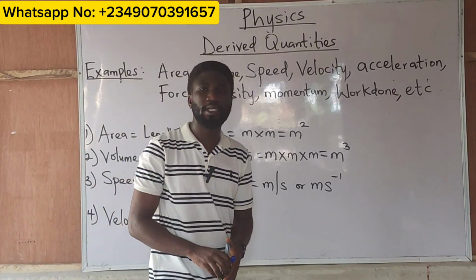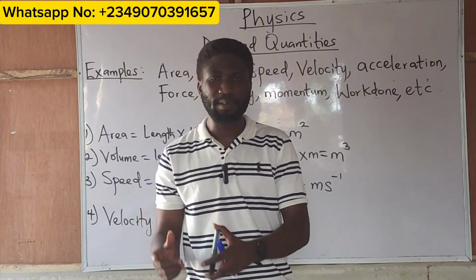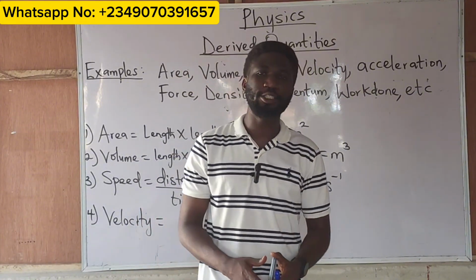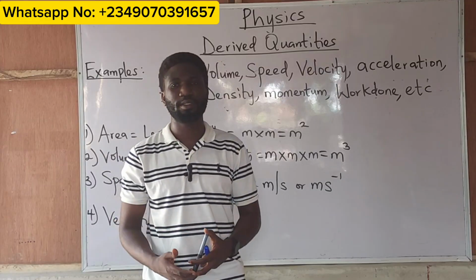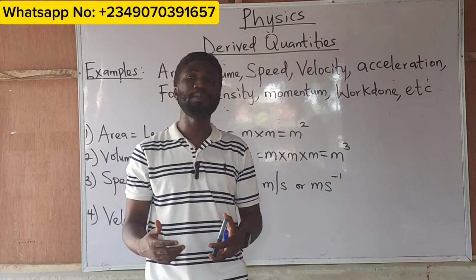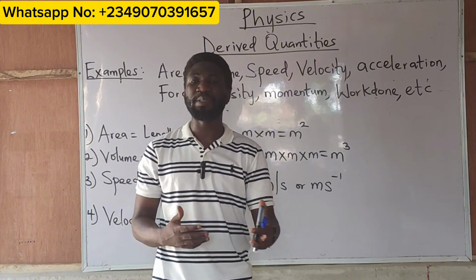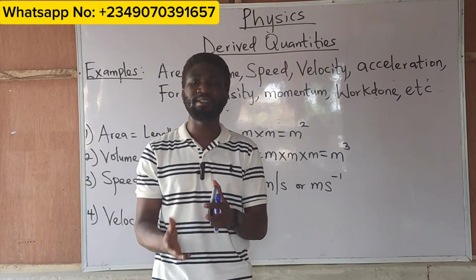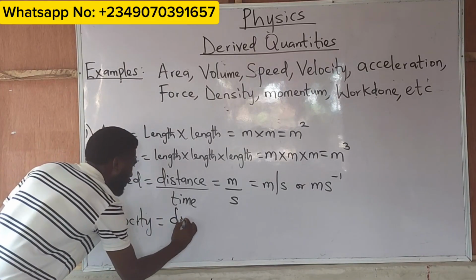Number 4, we have velocity. The formula for velocity is displacement over time. Mind you, speed and velocity have the same unit. We can say they have the same formula because speed and velocity are being used interchangeably.